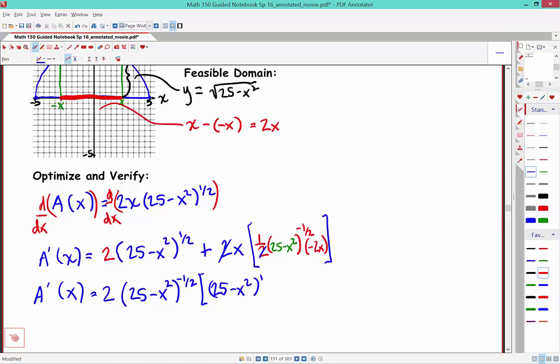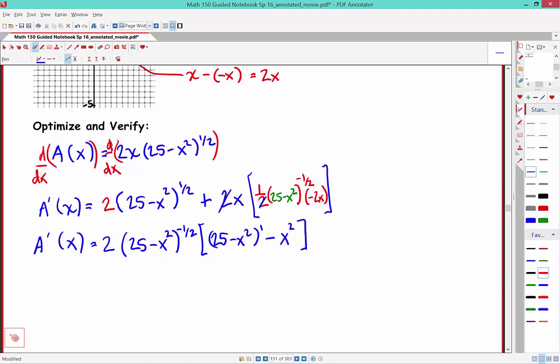And on the second one, we'll need a negative, and we'll have an x squared, and I think we're good to go on that. So continuing to simplify, we will have 2 times 25 minus x squared to the negative 1/2 times 25 minus 2x squared.